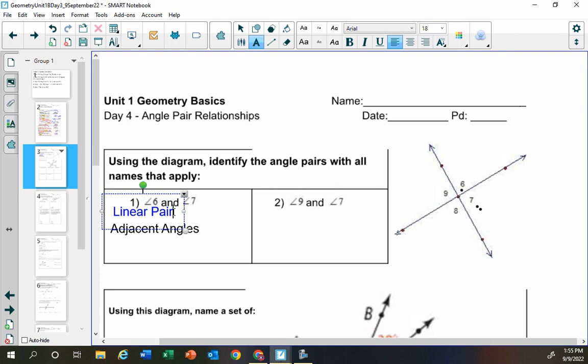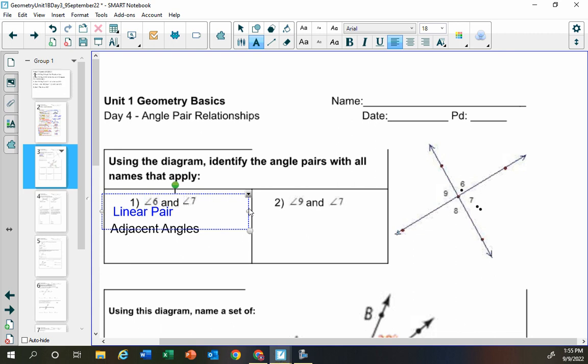Not a bad guess, though, but they're not. Not all the time. They're going to be supplementary.